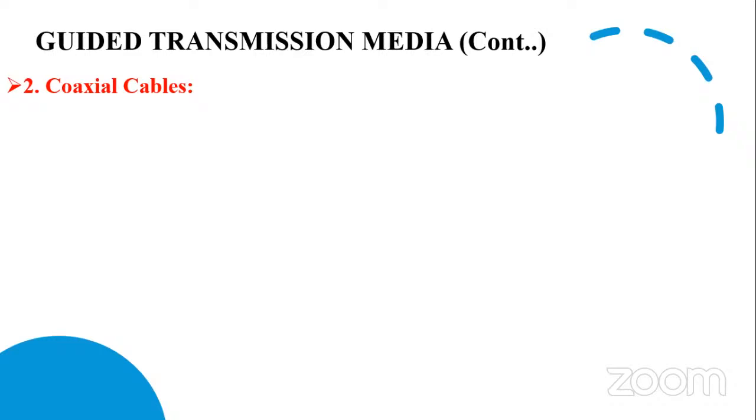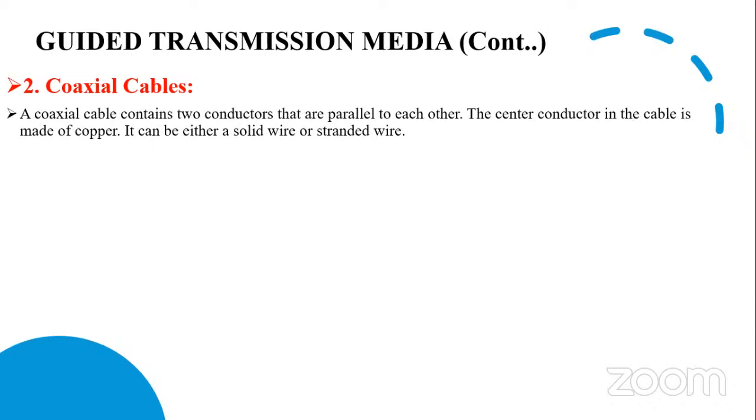Okay, the next one. In the guided medium, we have seen three types: twisted pair cable, coaxial cable, and fiber optic cable. The second one we are going to see is coaxial cable. What do you mean by a coaxial cable? Where will it be used? Just remember your cable TV wire; that will help you understand this.